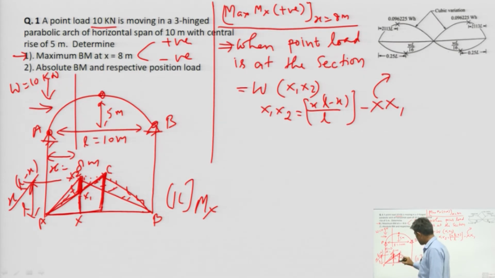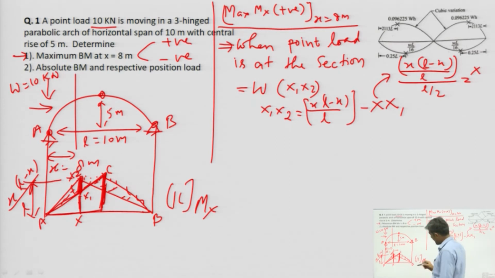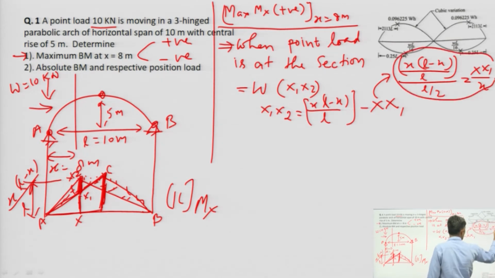This is also x into L minus x divided by L, and L by 2 is equal to x1 by x. So, the x1 value will be calculated from here.